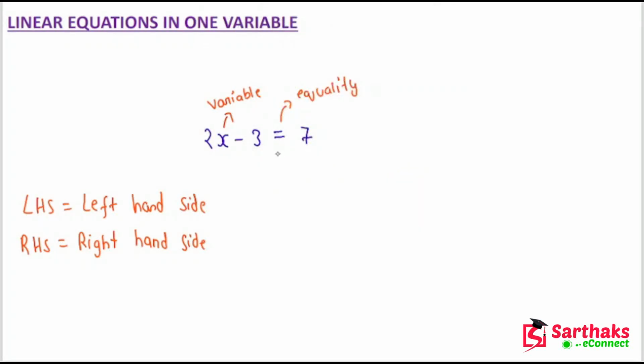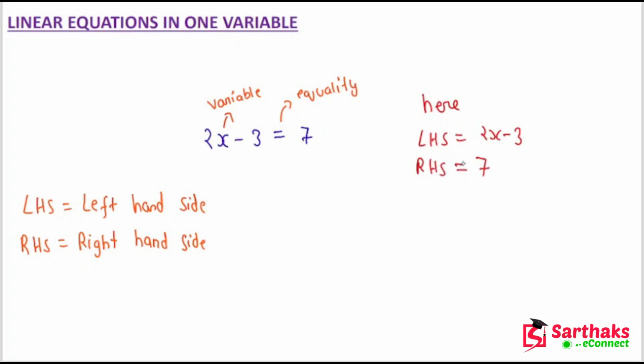But who is left and who is right? This equal sign is taken to be the center of the equation, and whatever expression is on the left side of this equal sign is called LHS. So here LHS is equal to 2x minus 3. And what is RHS? Any kind of expression towards the right of this equal sign is called RHS. So here RHS is equal to 7.